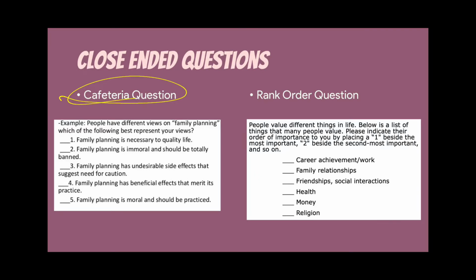And then we also have rank order questions. For example, in this case, people value different things in life. Below is a list of things that many people value. Please indicate their order of importance to you by placing 1 beside the most important, 2 with the next, and then 3, 4, 5. So for example, for me, I would say health, family relationships, and then money, and then friends, and then career, and then religion.